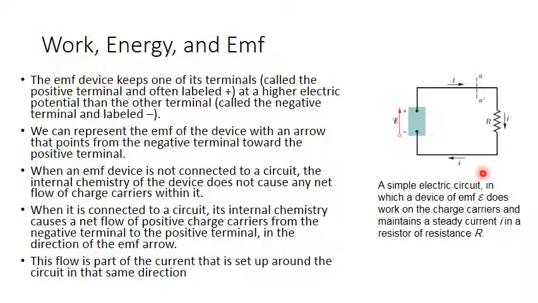So in general, if we are talking about an electric circuit, we needn't be talking about a battery. We are mainly talking about an EMF device. This can be a battery, generator, solar cell, or any other way to generate electromotive force. So the EMF source is connected to a resistor by using a wire, and actually the wires here are perfectly conducting material, so they are equipotential.